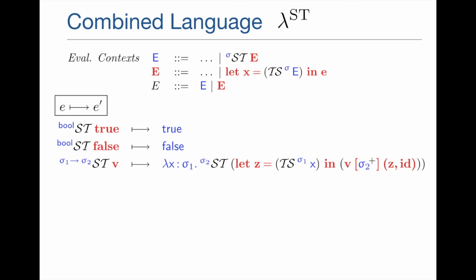And then we also give it type sigma 2 plus, which is the return type for the continuation, because remember we need to pass in the alpha. And then ID is the continuation. So it'll evaluate when we pass Z in as an argument for V, and then it'll call the identity function as the continuation, and it'll return something of type sigma 2 plus, which can then be sigma 2.